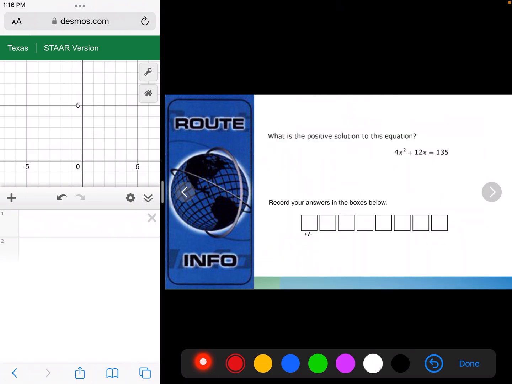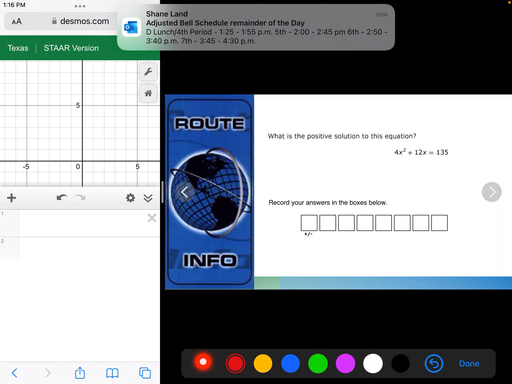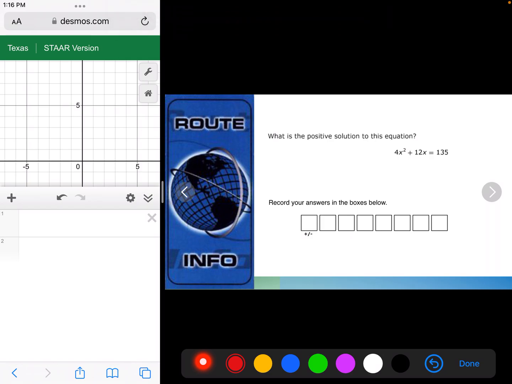For finding solutions, remember a solution, if you graph one equation, is where it crosses the x-axis. If you graph 2 equations, that's where those 2 lines cross. So in order to do this, you can either move everything to one side, or you can graph both sides of the equation. Either one works.